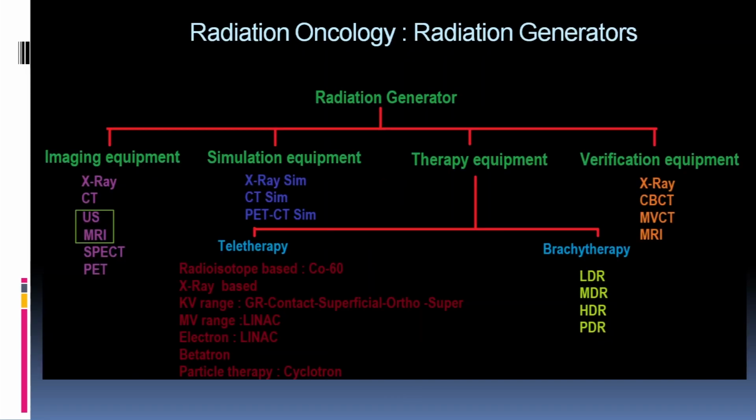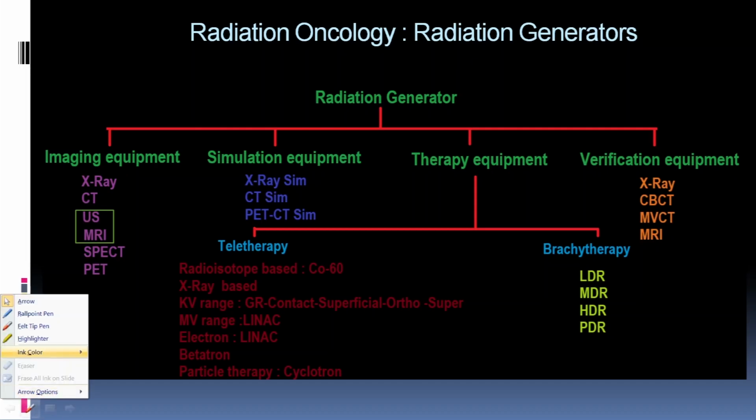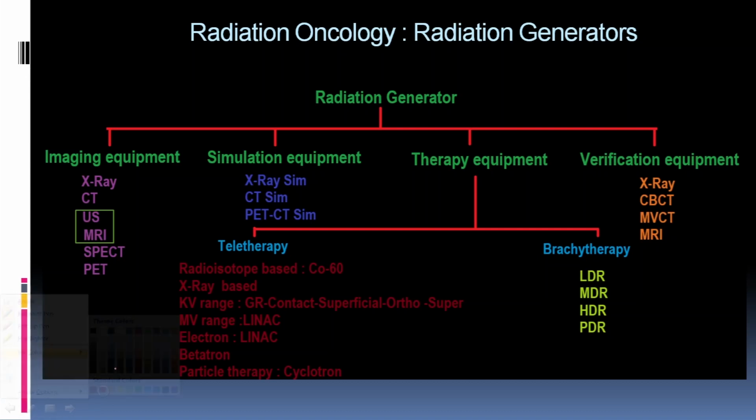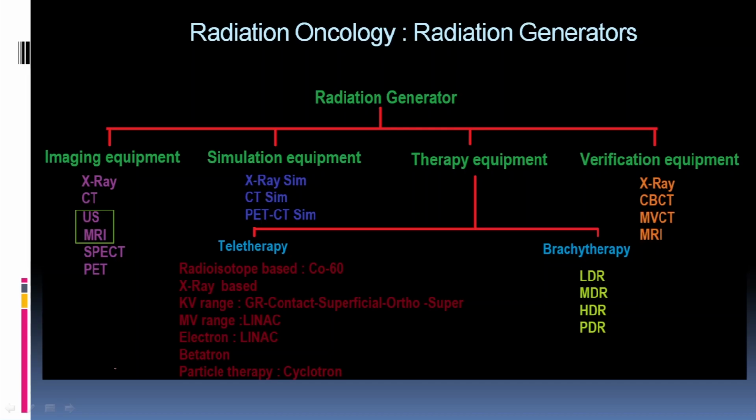Now this is a very important slide where we are going to discuss various kinds of equipment which are used for patient treatment or patient management in any radiation oncology department. First, we need to diagnose the patient by various imaging devices, imaging equipment.